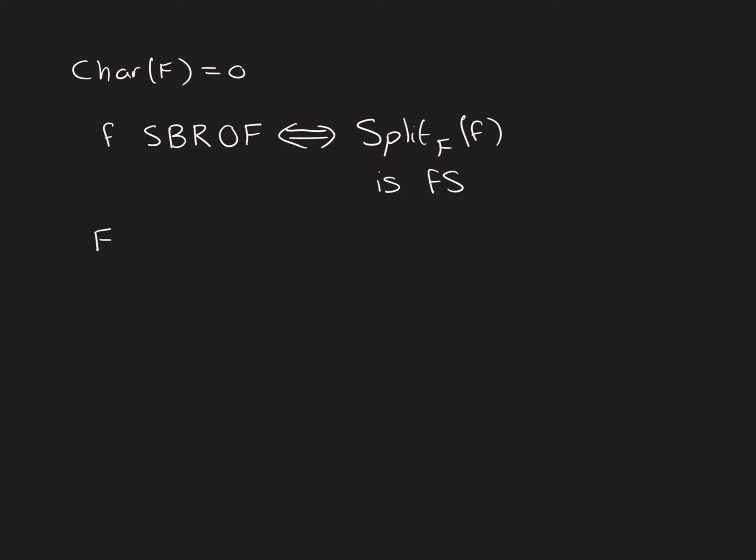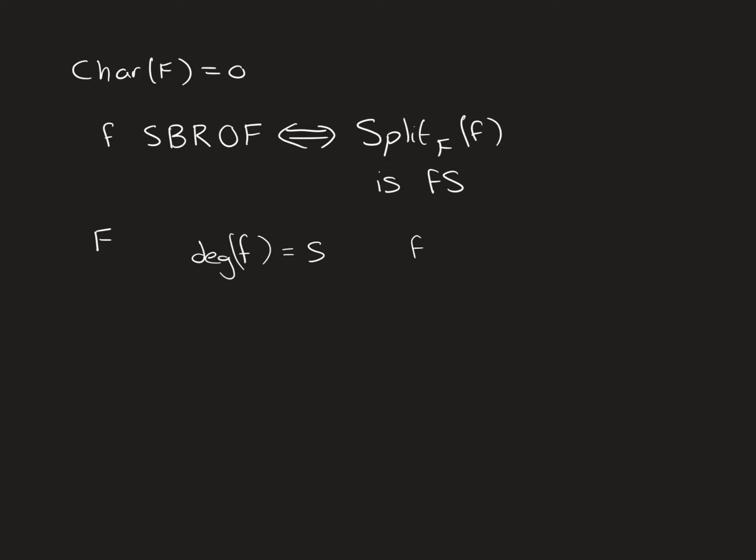It would mean that for all little f of degree 5, every single one of them would have to be solvable by radicals over not just F, but over the smallest subfield of F that contains all of the coefficients of the polynomial.